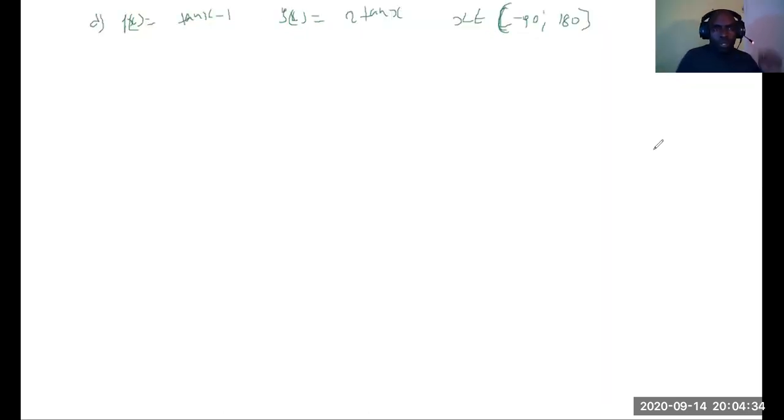Now, on this question, we are able to see that with the tan graph, the period changes to 180, and also we have to observe the asymptote. Yes, so period will be equal to 180.